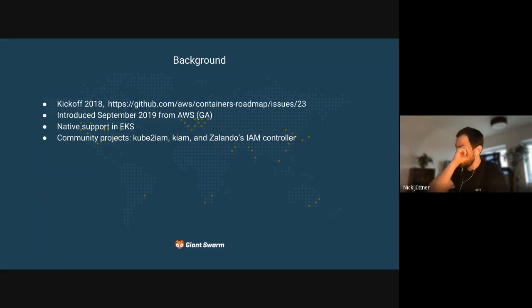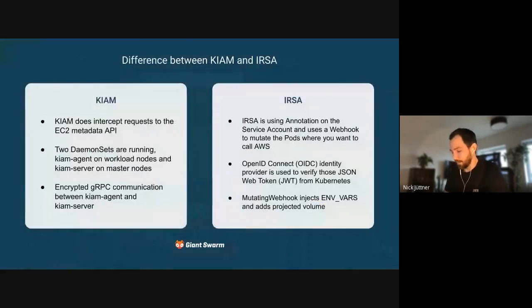It was introduced in September 2019 as general availability, at least according to the blog post. They wrote that they have this feature in EKS now, and you can use it natively.